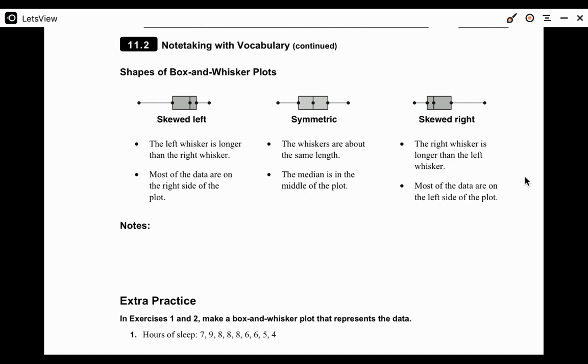If it's symmetric, that means everything is in the middle. Your median is in the middle of your plot. See, it's right in the middle. This one's skewed left. If the whisker is longer on the left, then we know that the data is more skewed on the right. Okay, sorry guys. That was difficult.